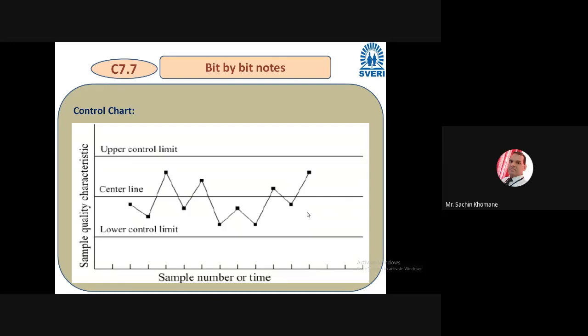It will be on the x axis, and on the y axis there will be a sample quality characteristic. Let us take the example of concentration. Take the example of the chemical industry, concentration of liquid, maybe on the y axis, and time on the x axis.